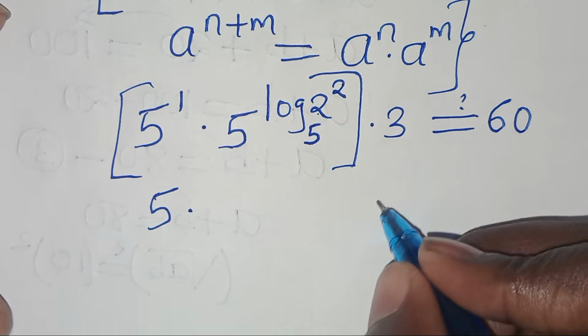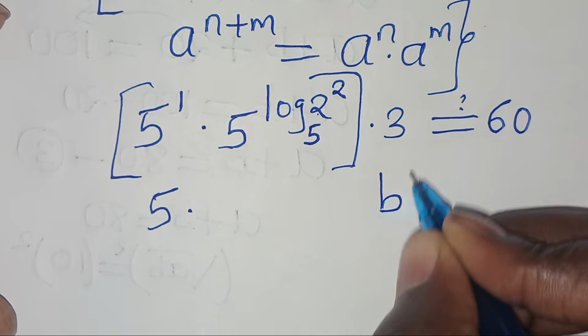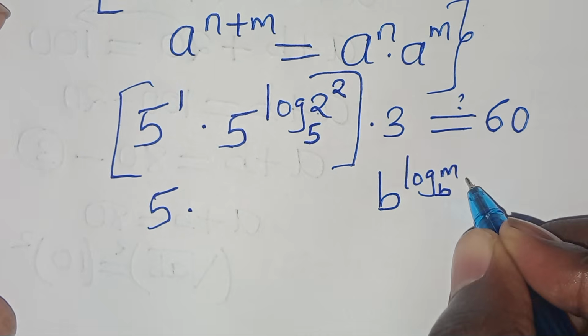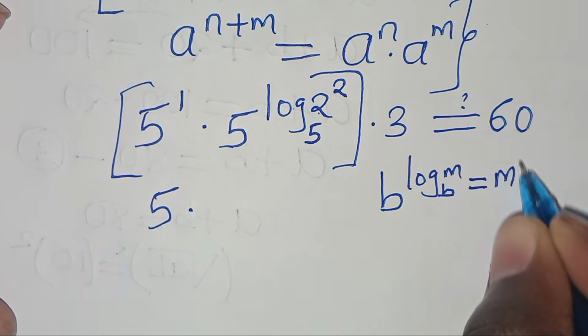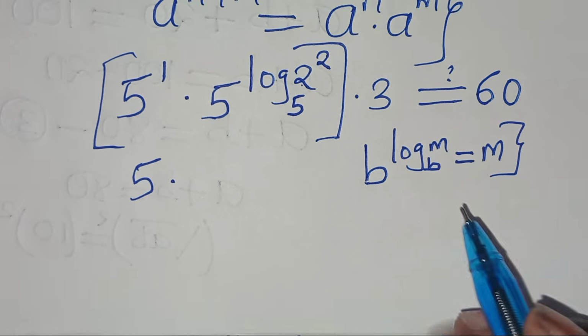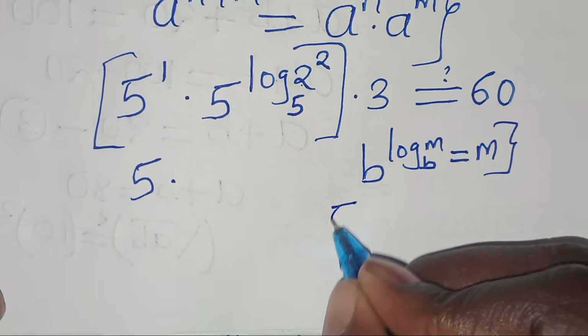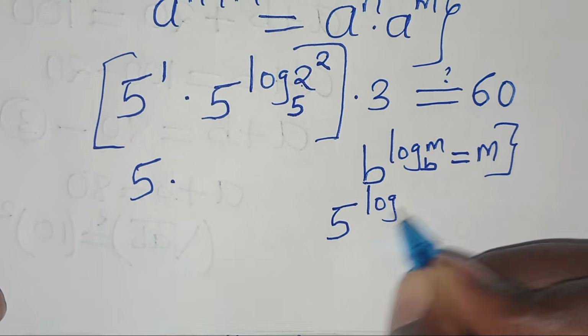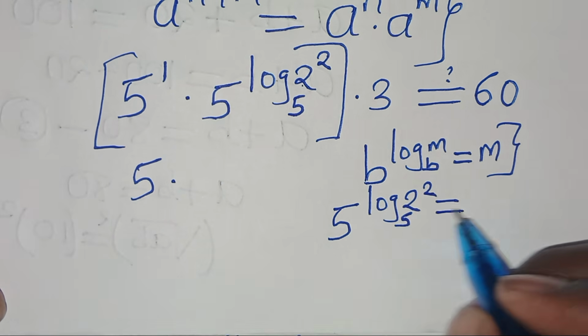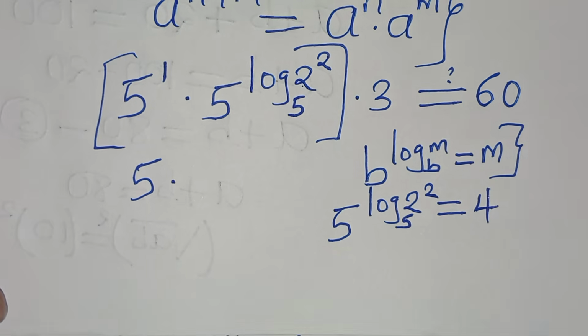This is in the form of b to the power of log m to base b. This should give us a value of m. Applying this logarithm property, then 5 raised to the power of log 2 squared to base 5 should give us a value of 2 squared, which is 4.